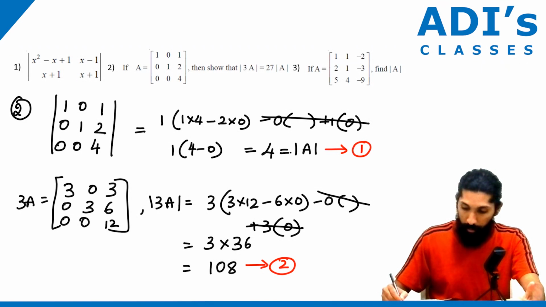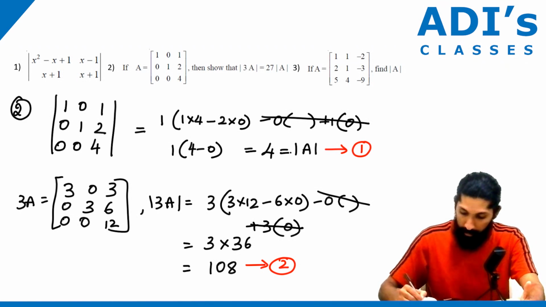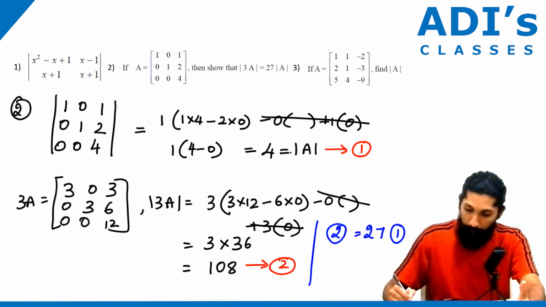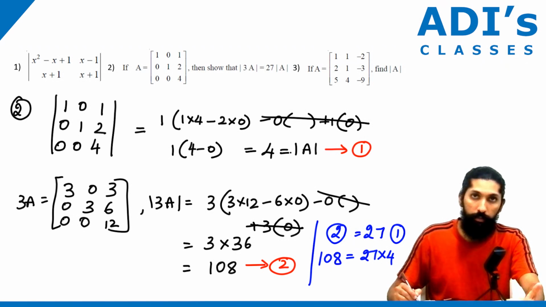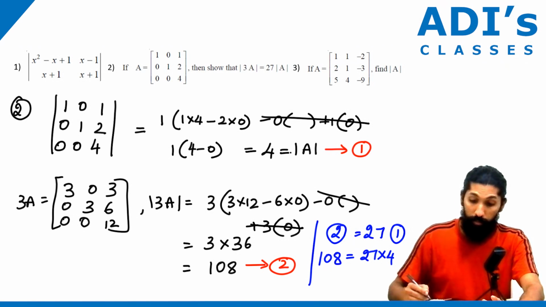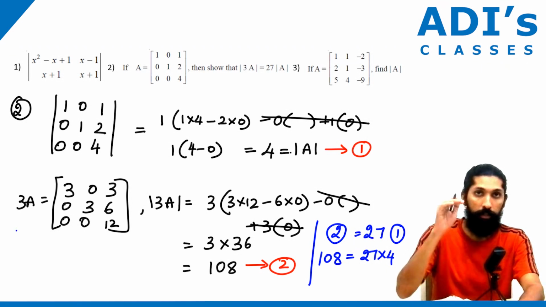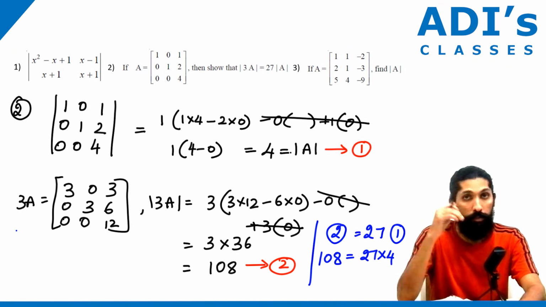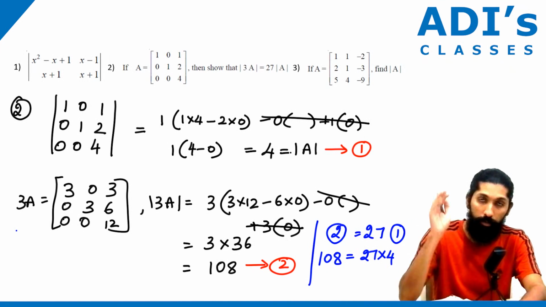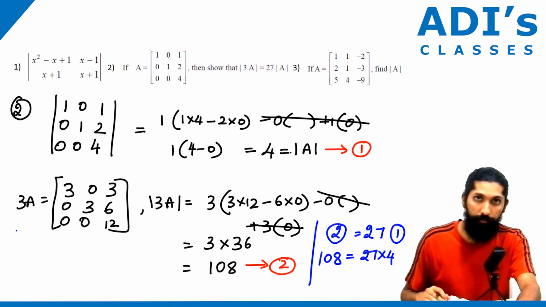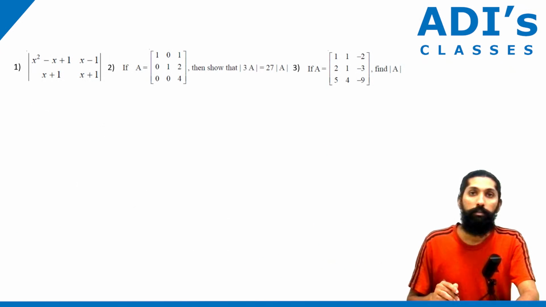So if I have to show it to you, what you have to write is equation 2 is equal to 27 times equation 1. That means 108 is equal to 27 into 4. Correct? So we just proved that determinant of 3A is 27 times determinant of A. Fair enough? Let's do the third one now.